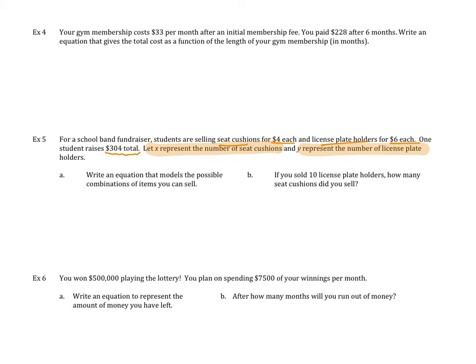Well, they sold $4 for every seat cushion, but we don't know how many seat cushions, so we say 4 times x, plus they also sold $6 for every license plate holder, but we don't know how many, so that's 6y. 6 times y equals 304. And that's our equation: 4x plus 6y equals $304.